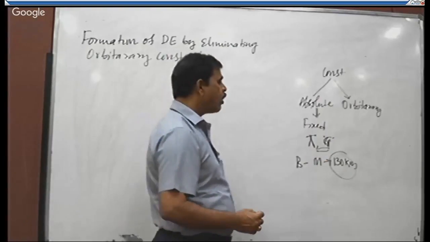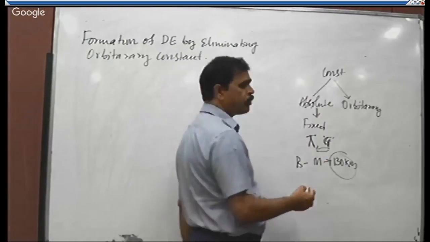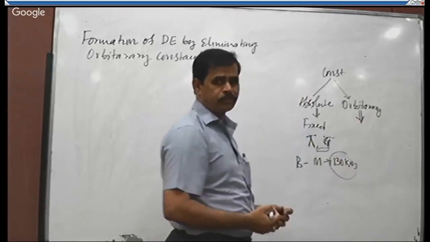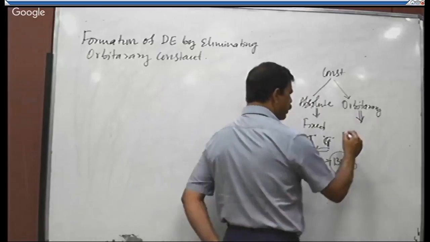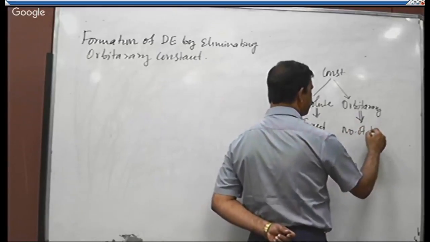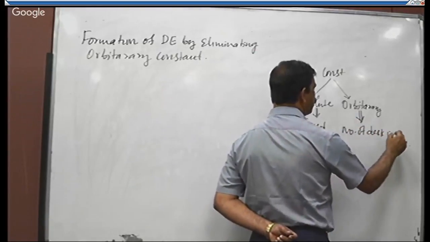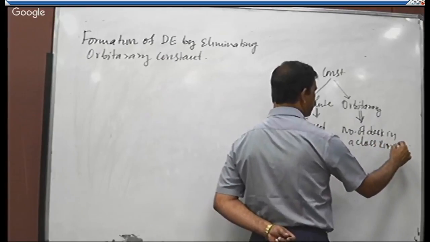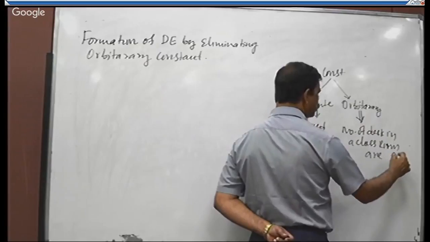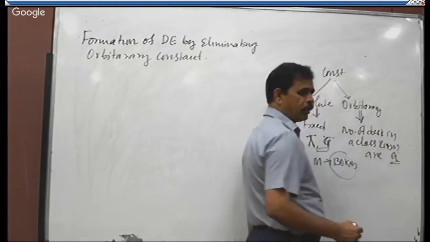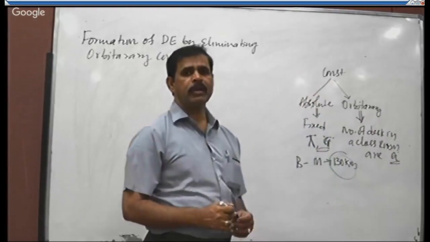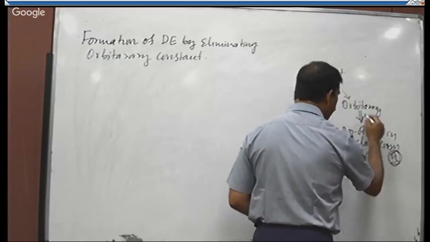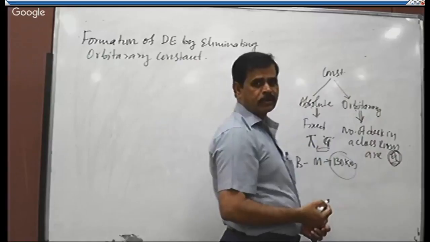Then arbitrary constant means it is a constant which can take different values. Say if I take the number of desks in a classroom as A, I don't know the value of A. A may be 5, A may be 10, A may be 15. That will be called an arbitrary constant, right?